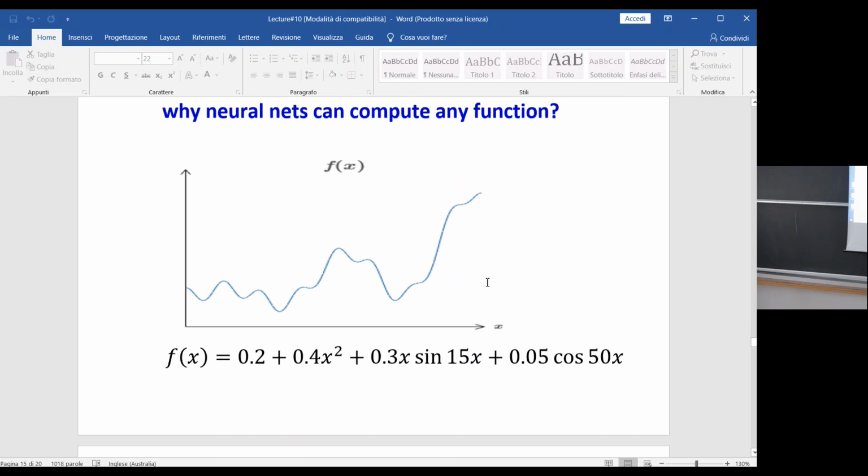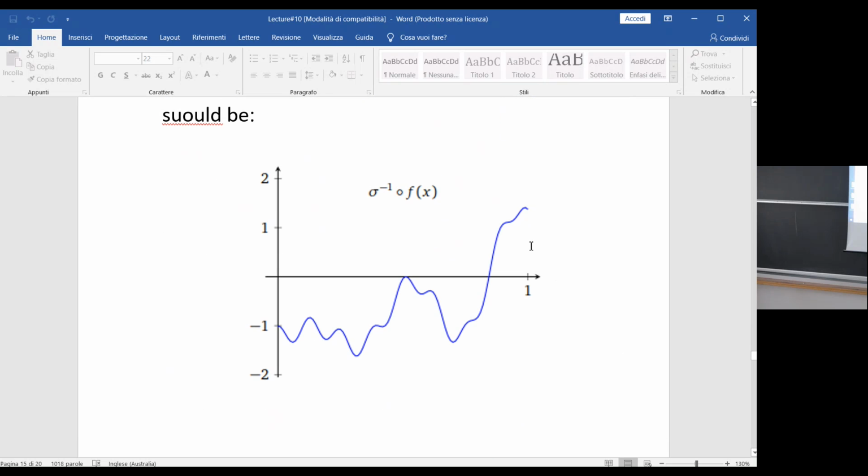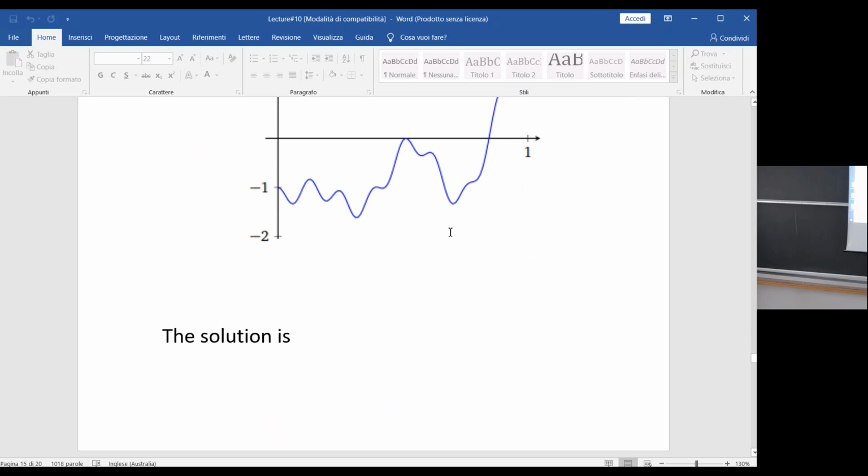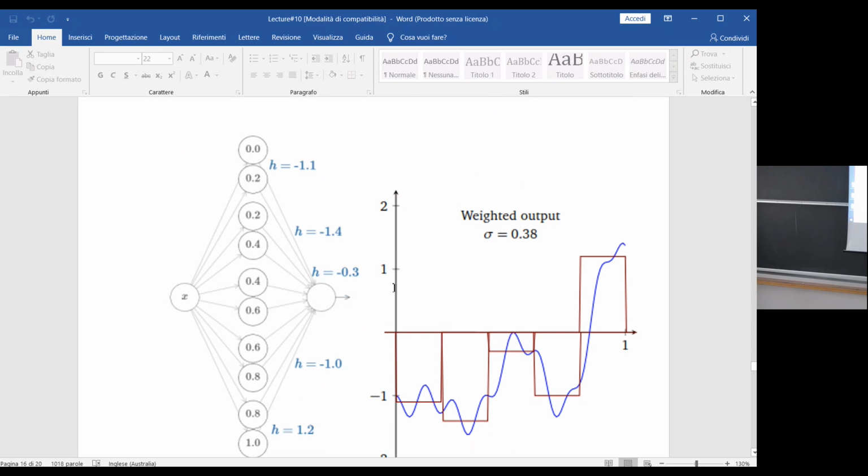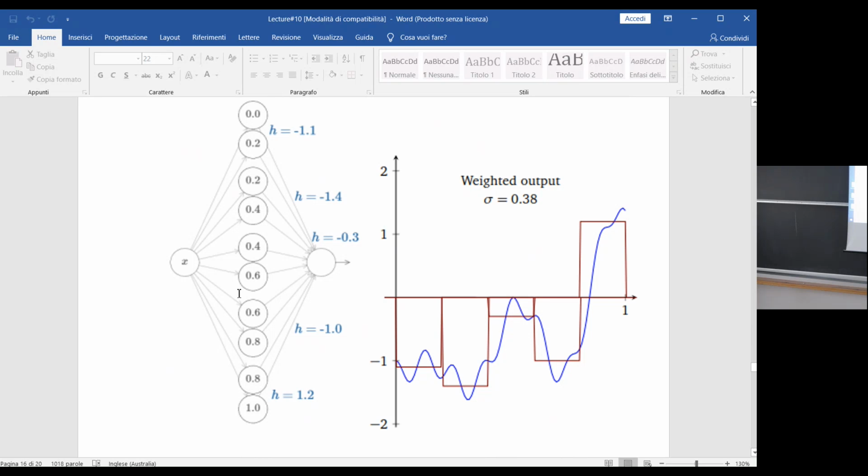And we have now such a shape of our modified function. The solution is we can consider a neural net specially built for this approximation, and it can approximate our function shape by rectangles, and the width of our rectangles can be as small as we want.